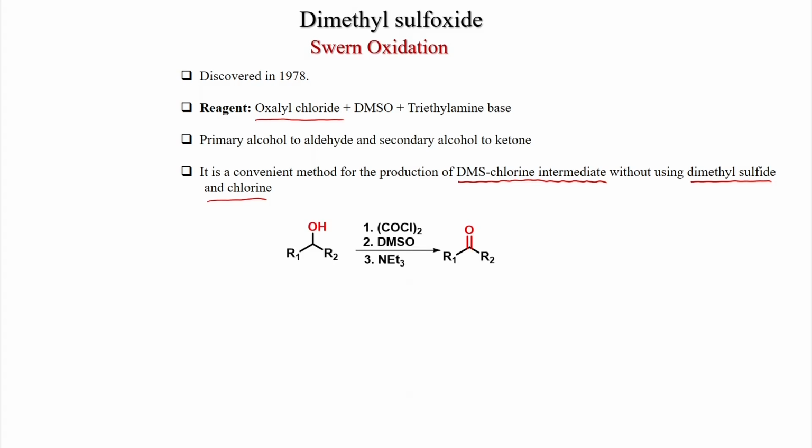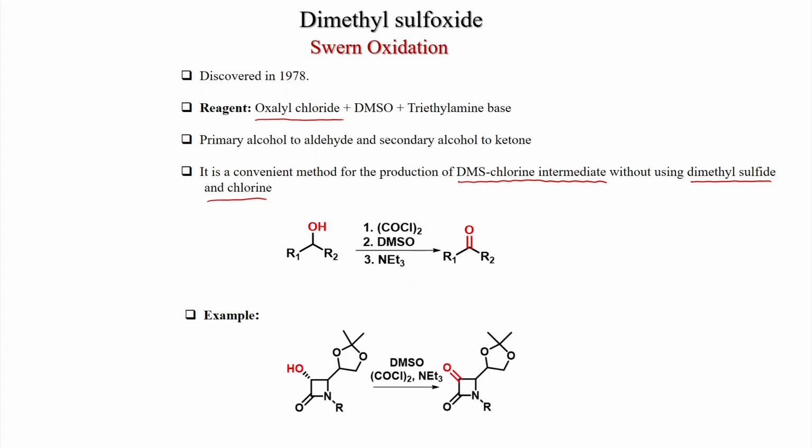This is the standard condition: oxalyl chloride, DMSO, triethylamine, and the alcohol will convert to the ketone. This is an example where there are many functional groups. Here a ketal motif is there, here a beta-lactam motif is there, and you can see that selectively the secondary alcohol goes to the carbonyl compound.